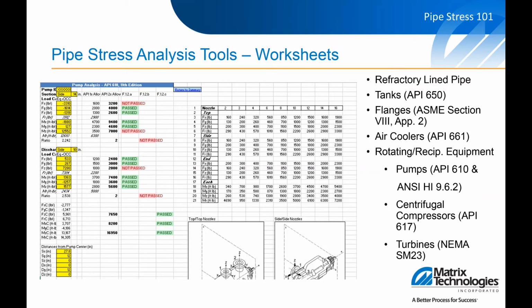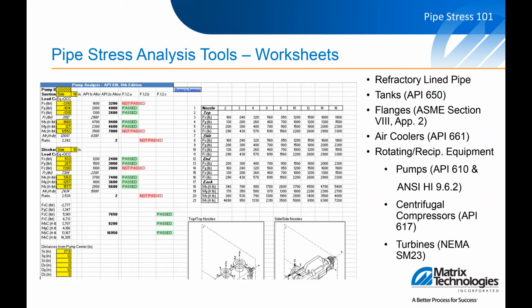So we work those out in a worksheet that gives us a feel for, hey, this pump's got too high of a load, but it also lets us then look at the individual loads on those nozzles and try to pinpoint what the root cause of that stress is. And you see we've got spreadsheets for air coolers.